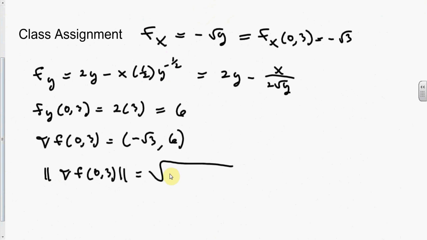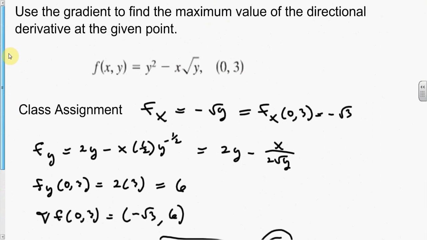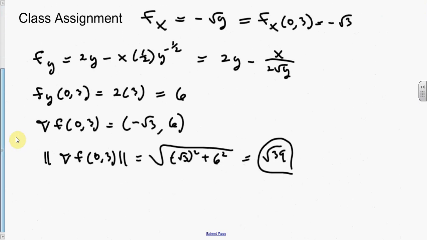This is the square root of the negative square root of 3 squared plus 6 squared. So you get 36 plus 3, the square root of 39. So the maximum value of the directional derivative is simply the norm of the gradient.